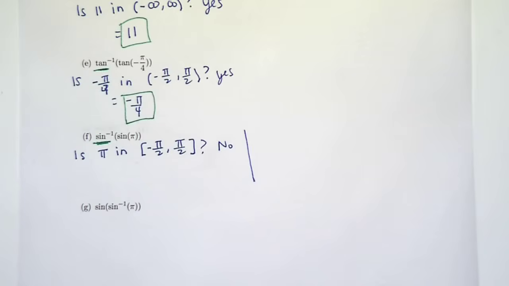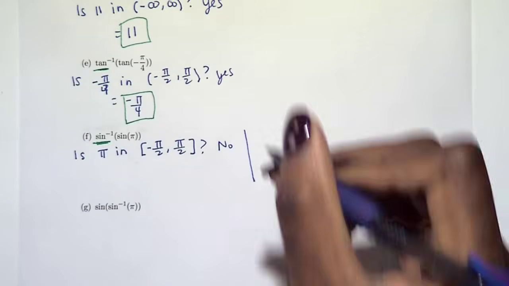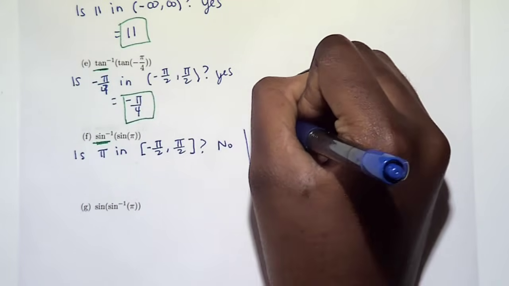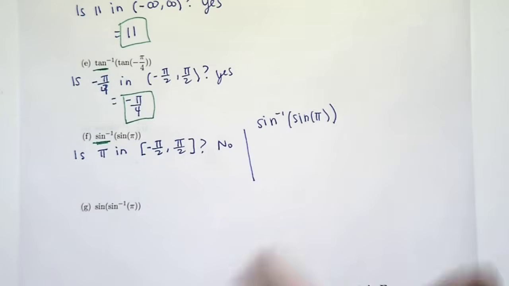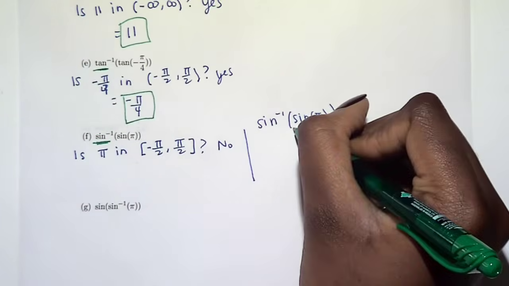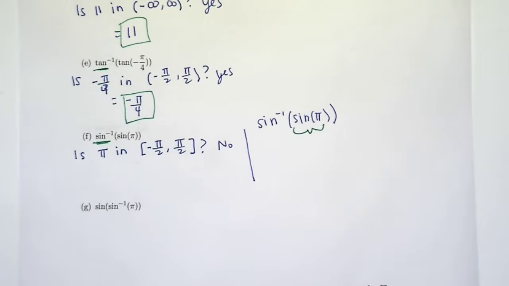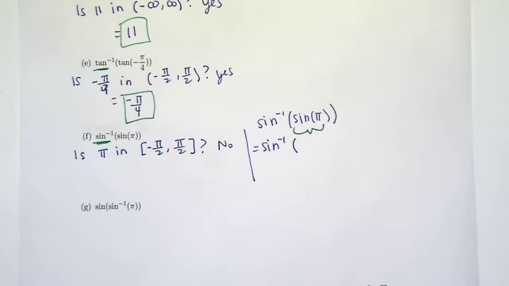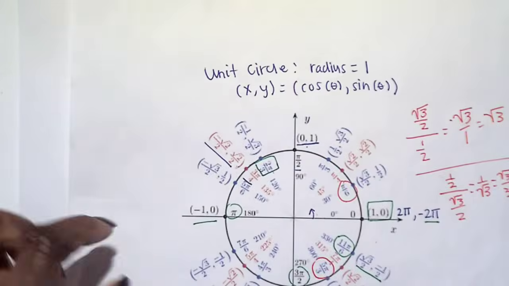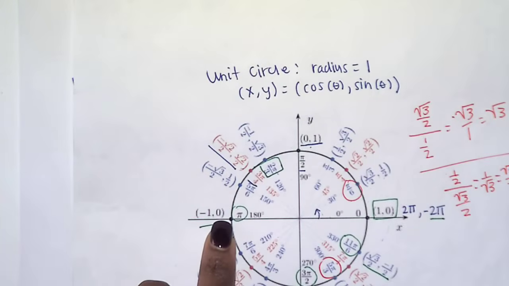We go back old school. We have to actually do the composition of these two functions, sine inverse of sine of pi. Again, with inverse functions, we have to do the inside first. So what is sine of pi? It's 0. Sine of pi is 0.